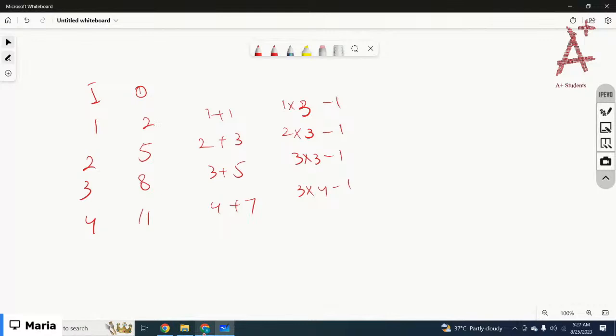So you can see the relationship is 3n minus 1. This is the pattern rule.